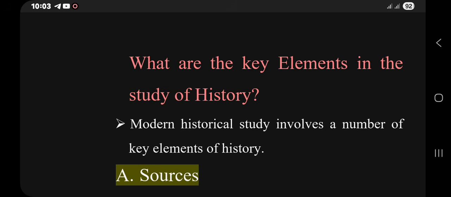In this first subtopic, we have seen the different definitions of history, historiography, and prehistory. Today, we are going to look at the key elements in the study of history.